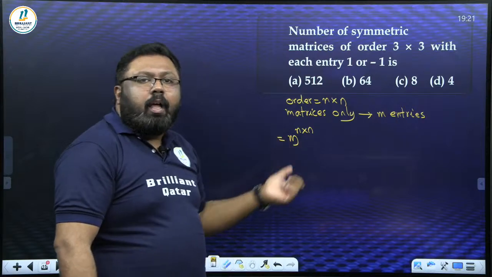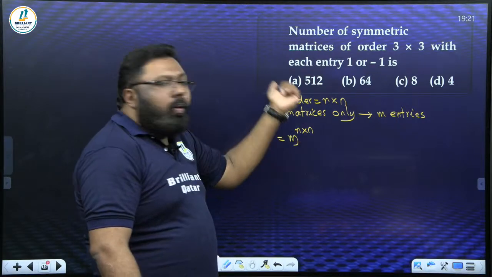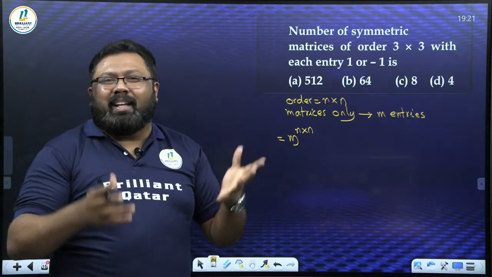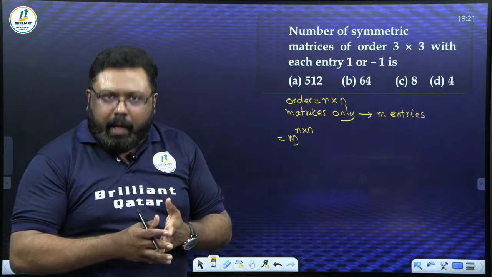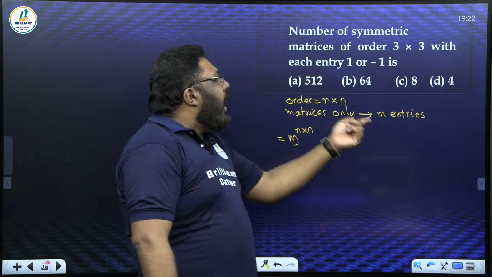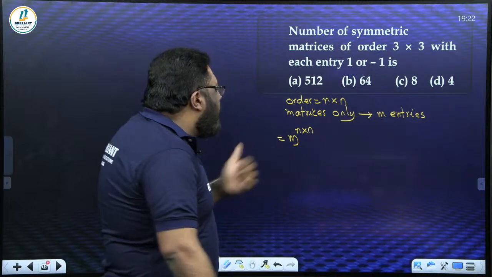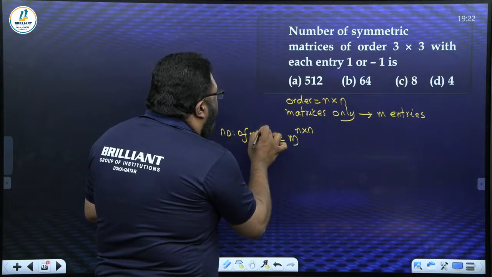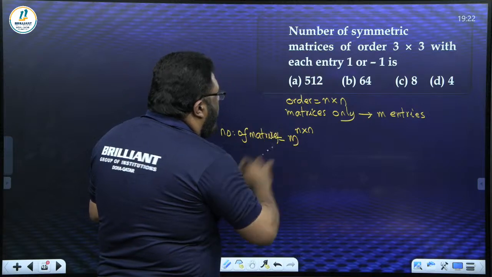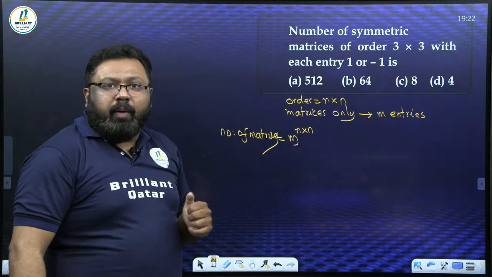This is the answer for a question where they do not say symmetric, skew symmetric, any square matrix, any matrix of order n by n, which allows only m entries. Then the number of matrices equals m raised to n into n.